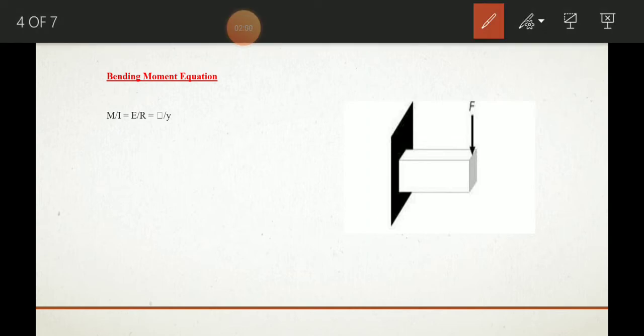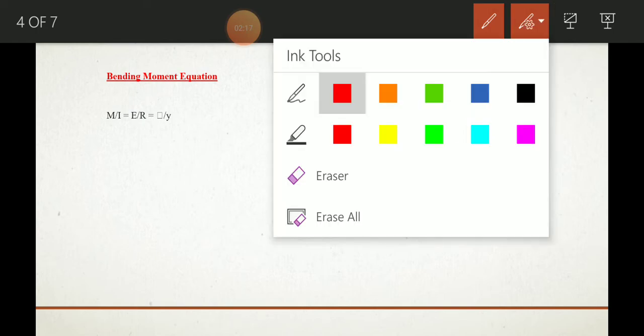There is one beam here, and I'm applying a vertical force on the beam. So what will happen? This beam will bend like this, and due to this the bending stresses will be induced in the beam, correct? So this is what bending stress means.